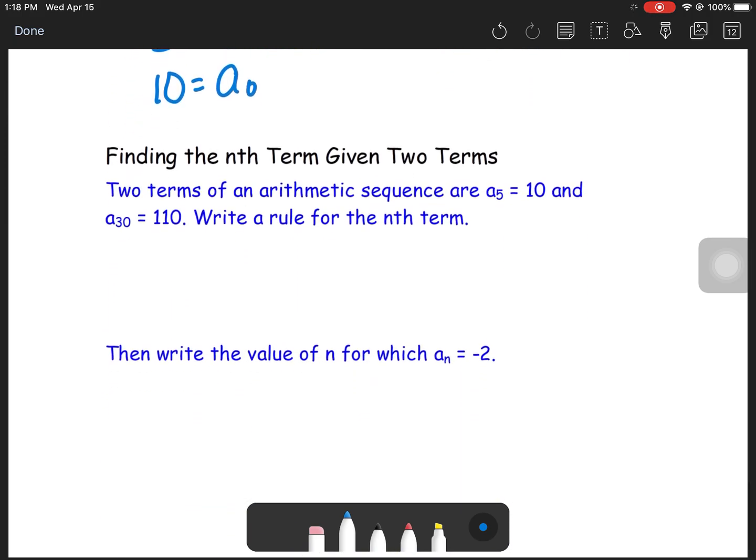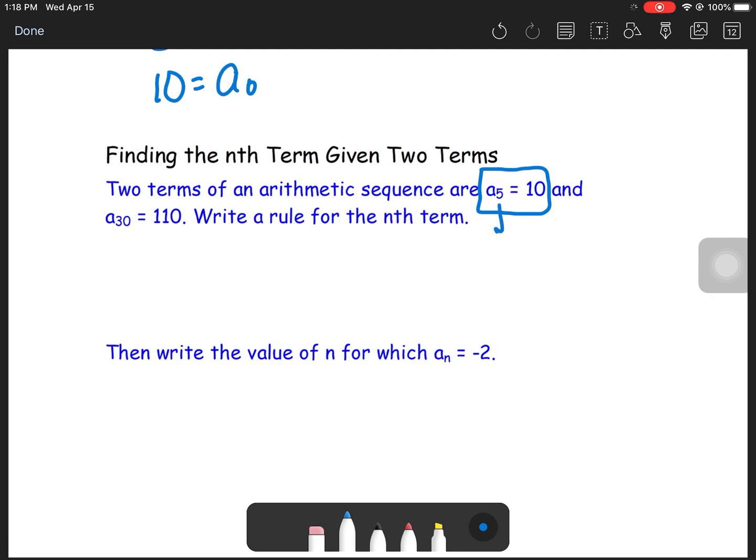So what if we are given 2 terms and we want to write the rule? Okay, so what we're going to do is very similar to what we've done before. This is our n, and this is our answer. So we're going to start by filling in our formula with what we know.